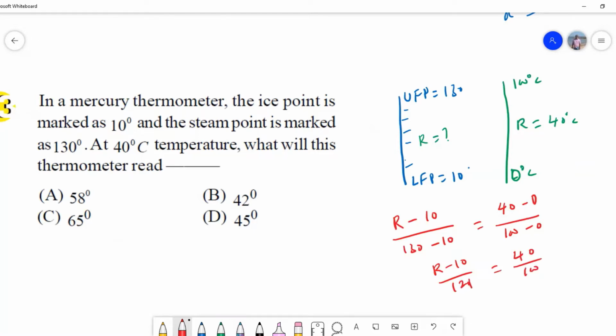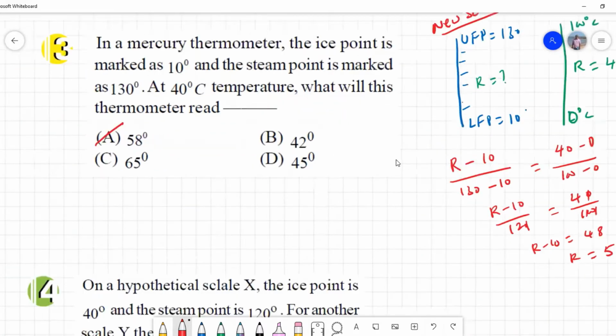Here the zeros cancel. So R minus 10 is equal to 48. So R is equal to 58 degrees. The answer is option A. So we need to compare the two scales. This is a new scale, other than Celsius scale, Fahrenheit scale, Kelvin scale. So for a new scale, we take it like that.